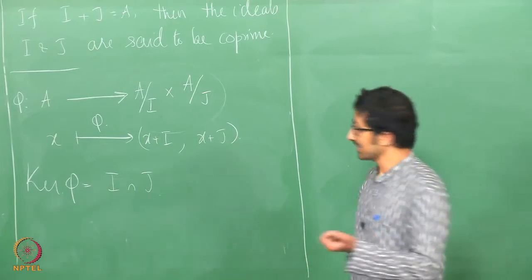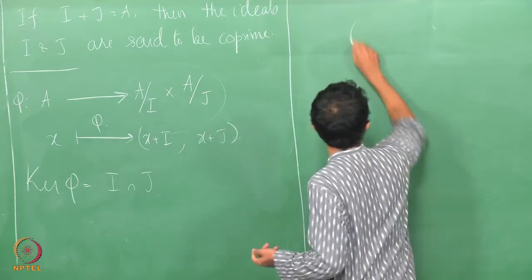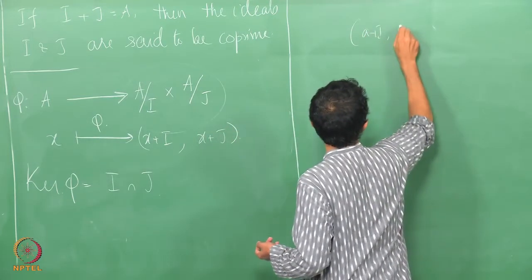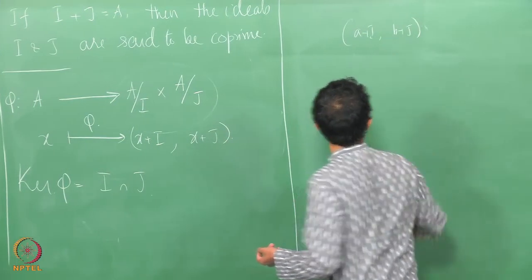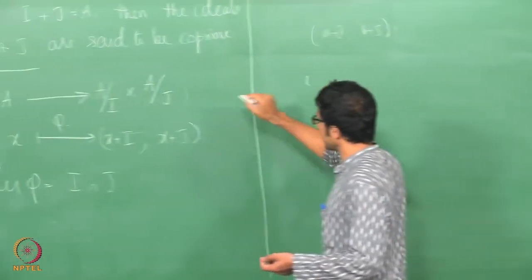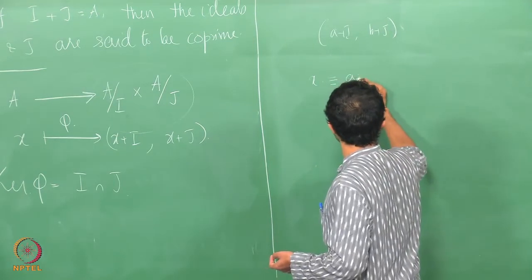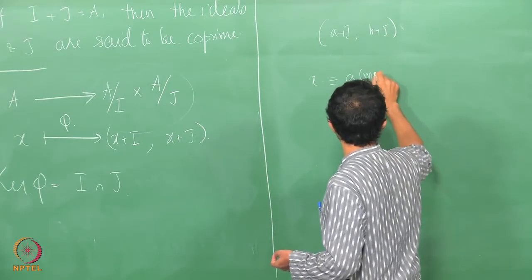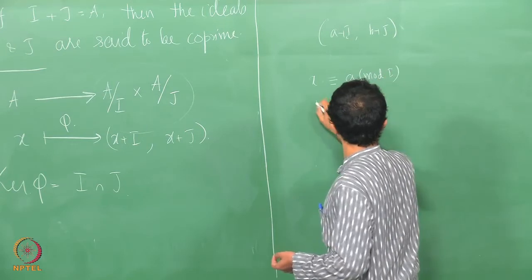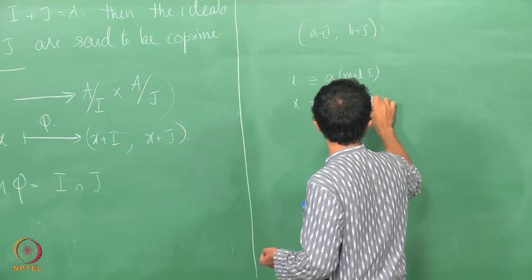So, the question here is, given an element a plus I, b plus J, can we find x in A such that x is congruent to a mod I and x is congruent to b mod J?